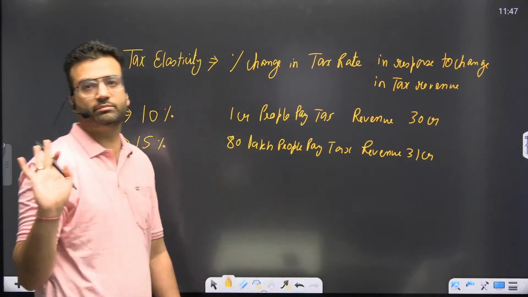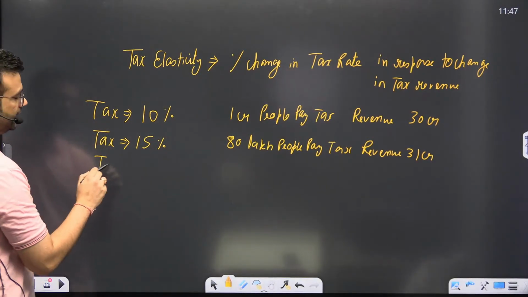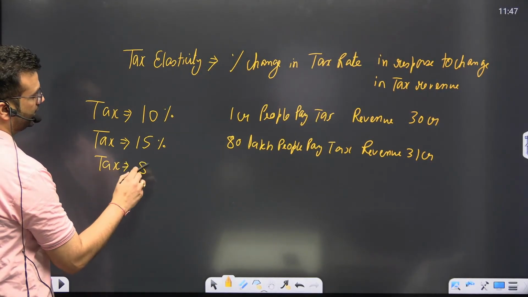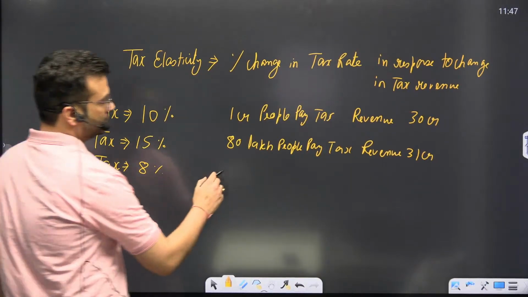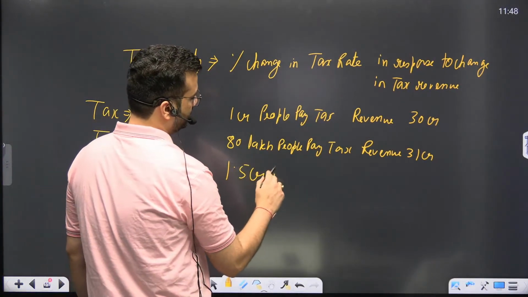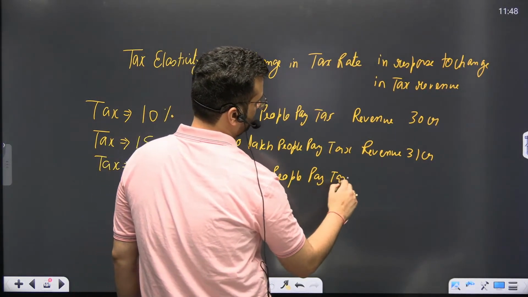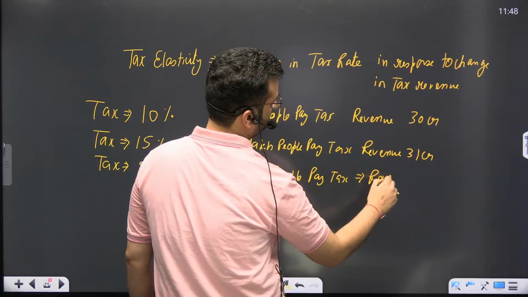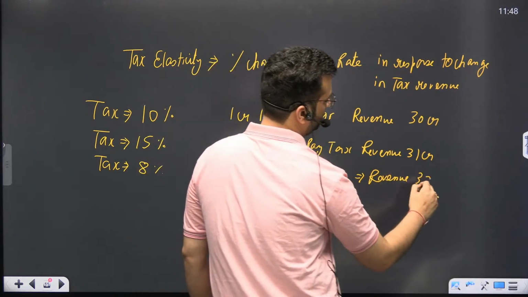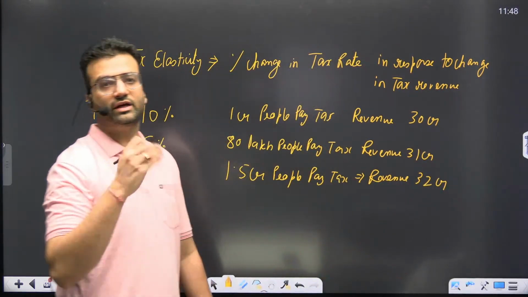When the tax is decreased to 8%, 1.5 crore people pay tax, revenue 32 crore, or even less than that.